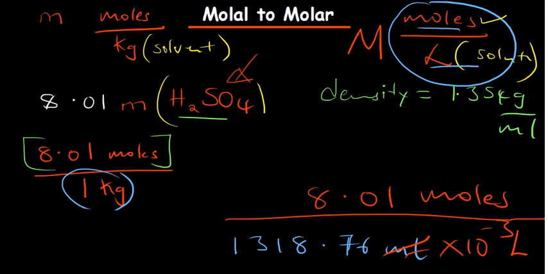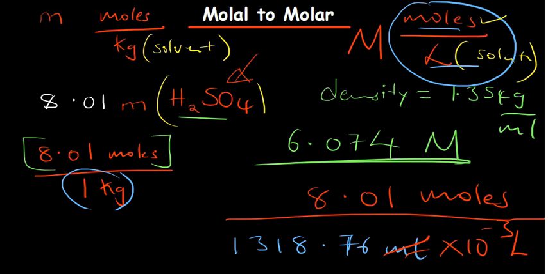Grab your calculator and try to divide. The value I'm getting is 6.074 molar. Now the units are molar concentration. That's how we can easily convert from molality to molar concentration.